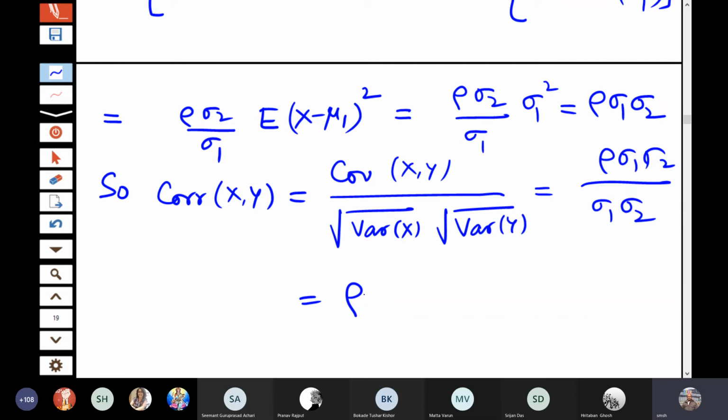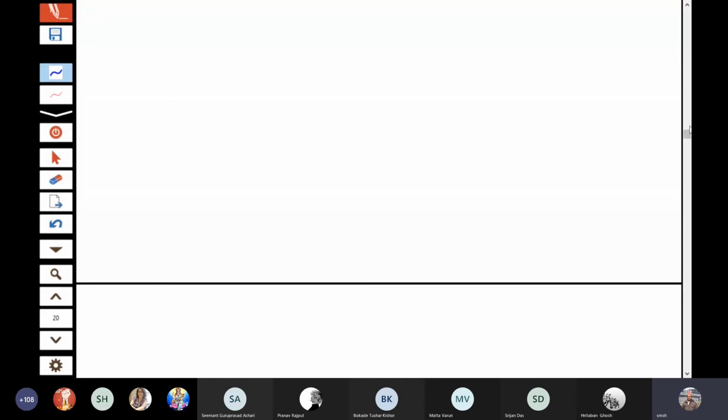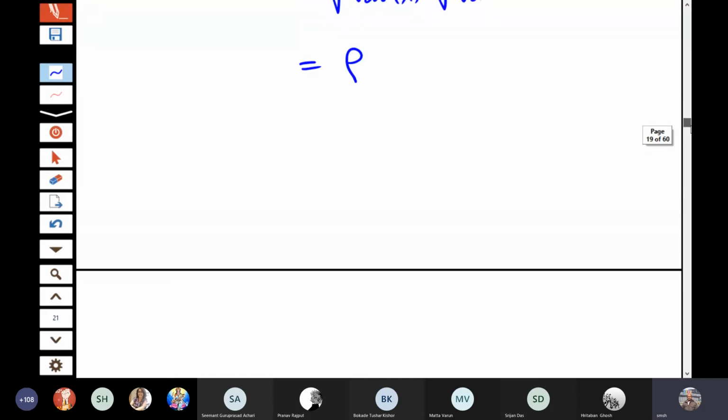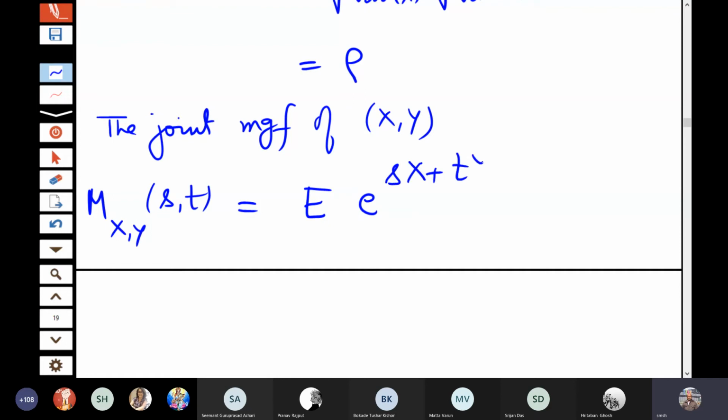Let us also look at the joint MGF here. Let us calculate the joint moment generating function of x, y, that is M_xy(s,t), which is expectation of e to the power sx plus ty.